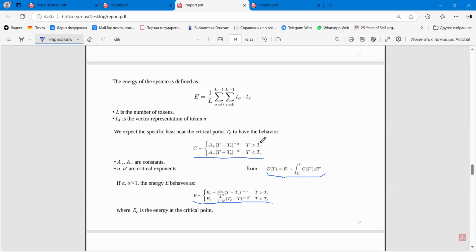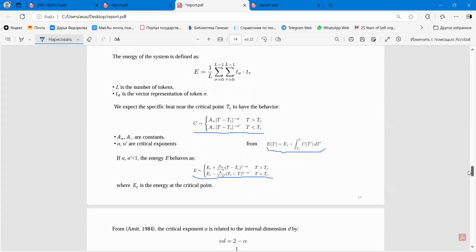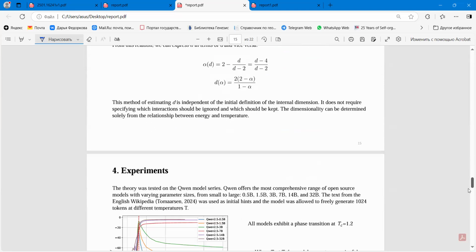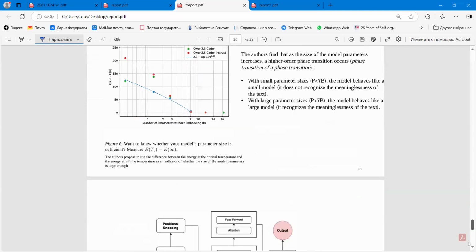In the introduction, the authors discuss that this type of model, a large language model, has critical values, and they also present some results from other authors.